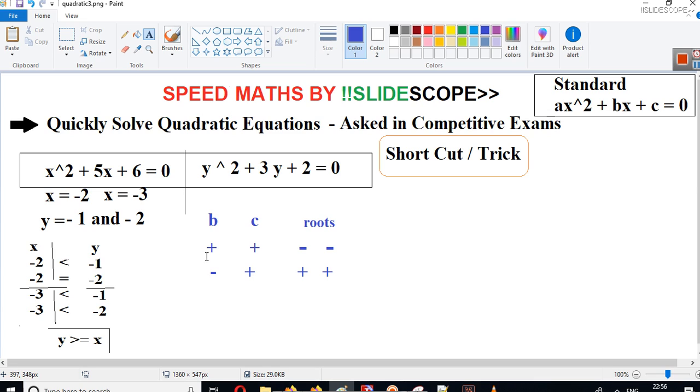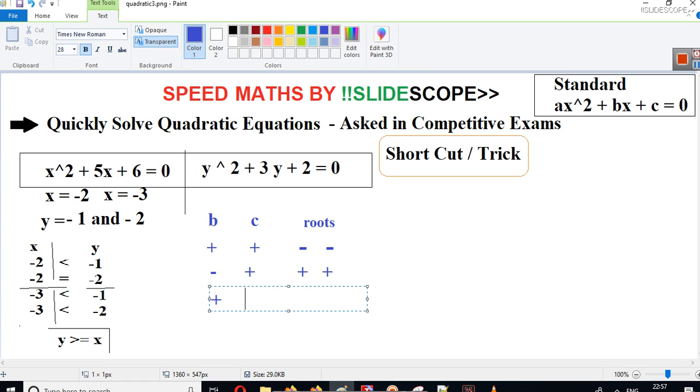It's really easy. For positive you will get both negative. The main confusion is between the others. So plus plus, then minus plus, then there will be plus minus and minus and minus.